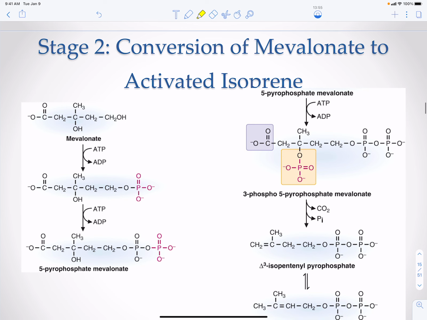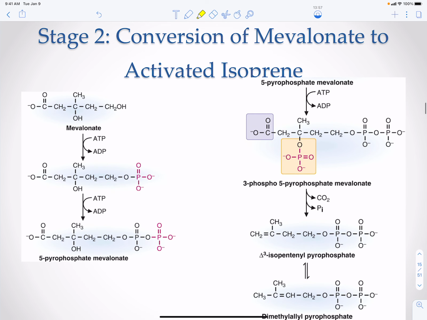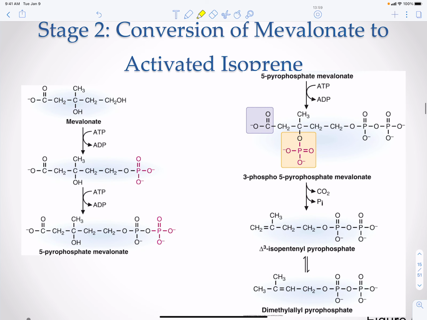All right, so now that we have mevalonate, we can make our isoprenes. So this is considered stage 2. So in the second stage, you're going to get 3 phosphate groups transferred, and these are going to come from ATP to mevalonate. And these are going to activate the carbon 5 and the hydroxyl group on the carbon 3.